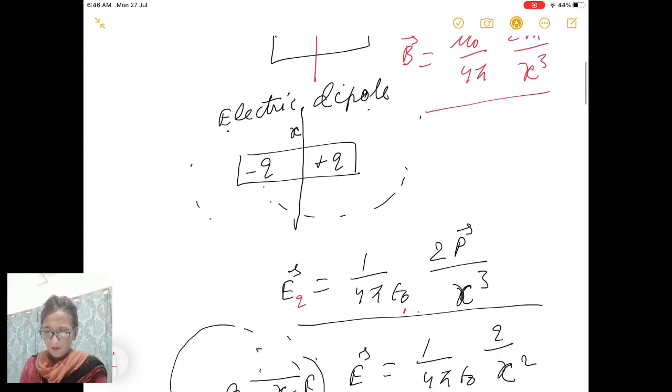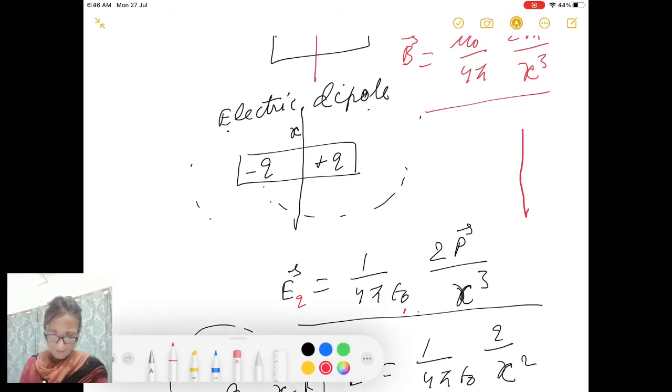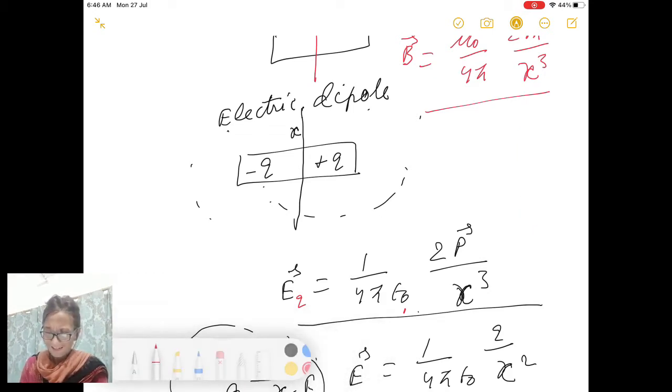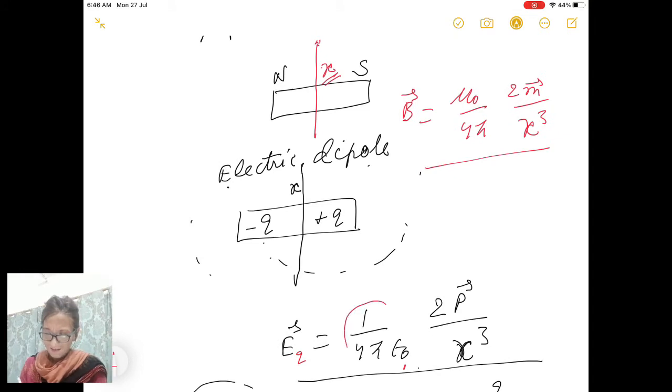When you compare the electric field and magnetic field, you will find that there is some analogy. Here you have the electrostatic constant, and here you have the magnetic constant instead. Here you have a cube of distance, and here also you have a cube of distance.